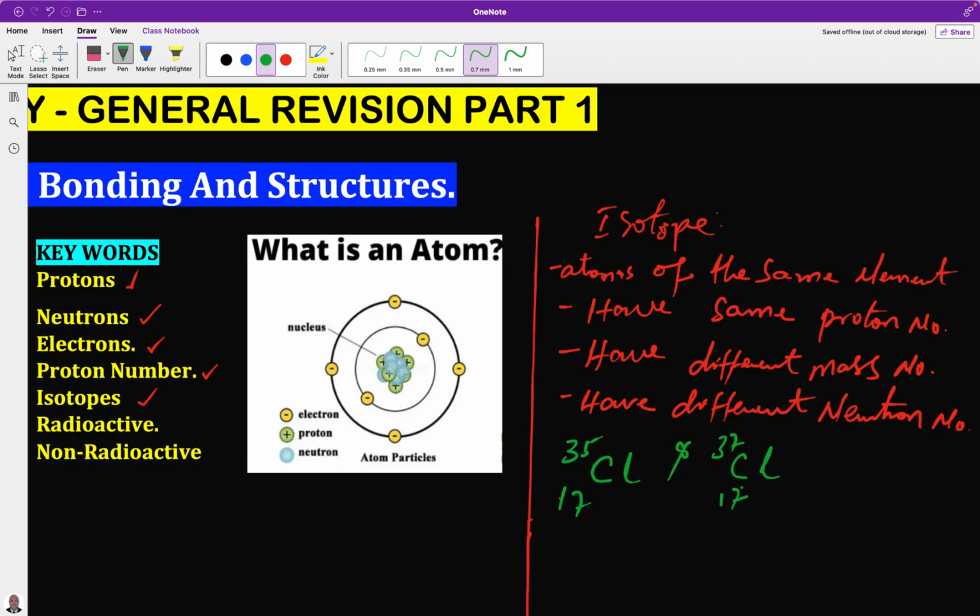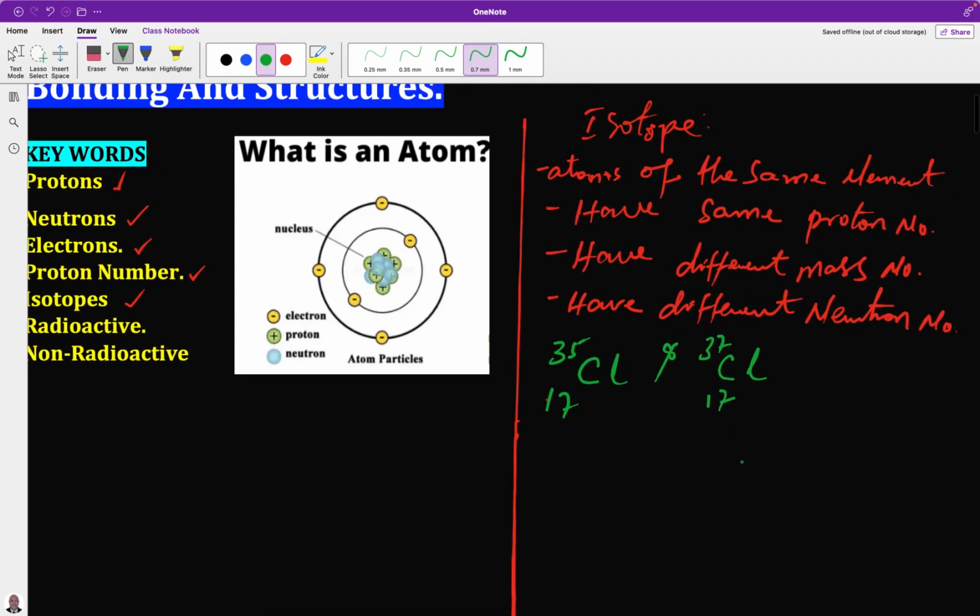We could still use another example, carbon 12 and carbon 14.